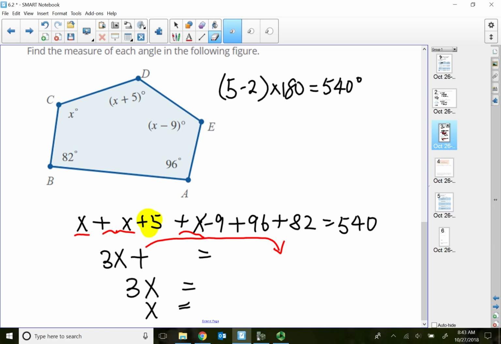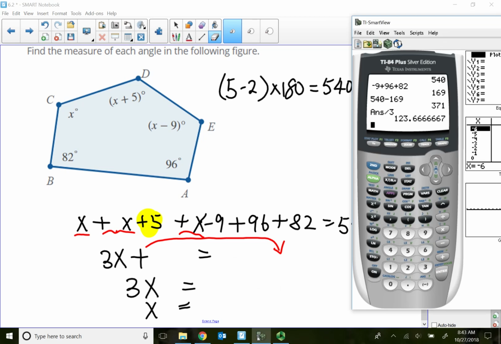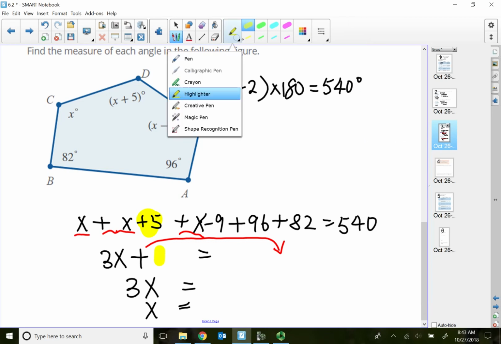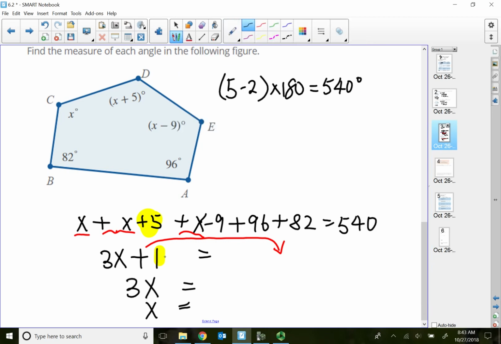Earlier, with the negative 9 plus 96, I forgot to include the 5. So 5 minus 9 plus 96 plus 82 gives 174. 174 plus 3x equal to 540, since all 5 angles together is 540.